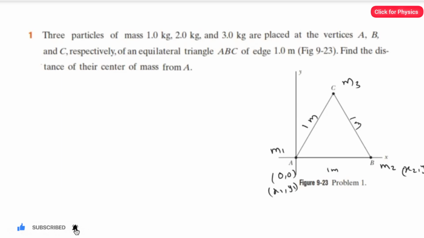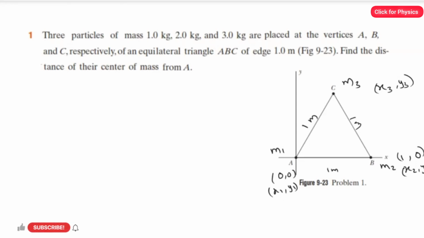So what is your x2? We can see it is exactly 1 meter. That means x2 is 1 meter and y2 is 0. And we don't know the location of mass 3, so we have to find x3 and y3.